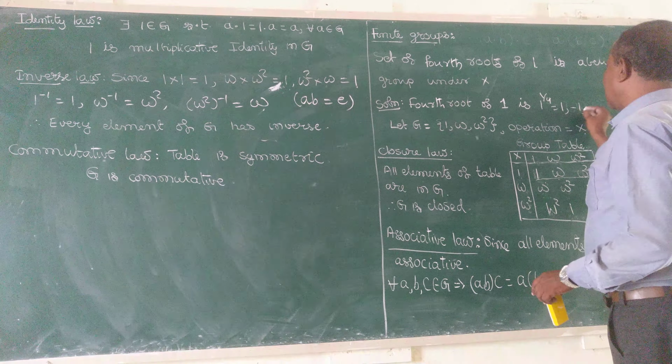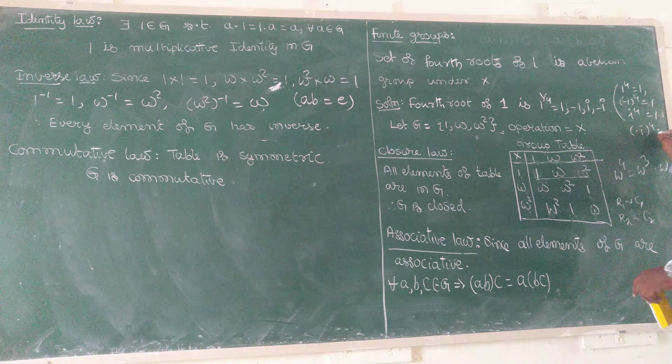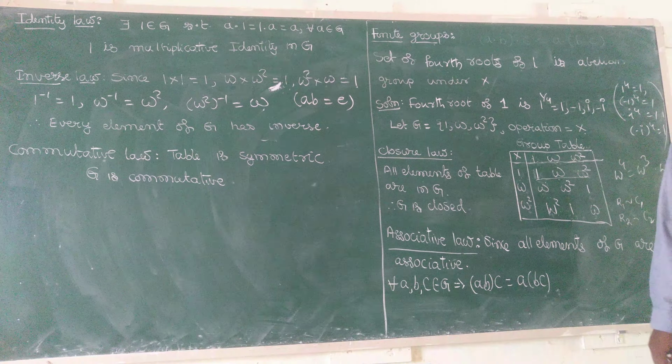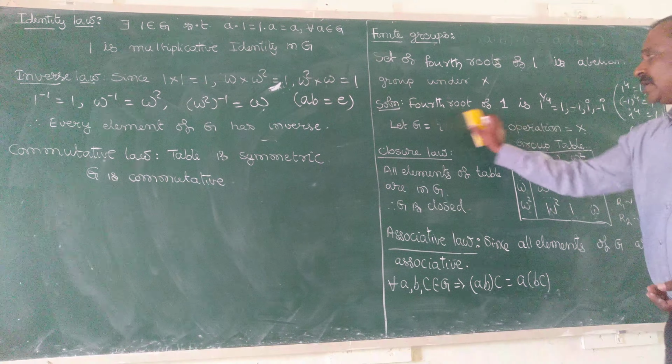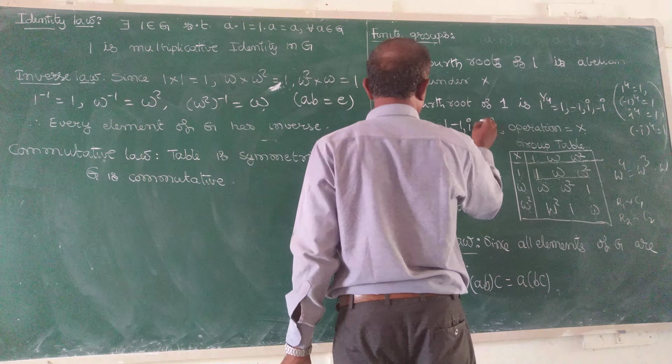It is from intermediate, because we know that 1 power 4 is 1, minus 1 power 4 is 1, i power 4 is 1, minus i power 4 is 1. You know that i square is minus 1, i cube is minus i. The operation is multiplication. Here G is 1, minus 1, i, minus i.